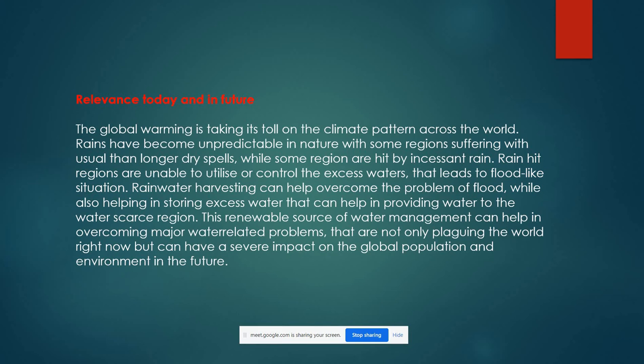Relevance today and in future. Global warming is taking its toll on the climate pattern across the world. Trends have become unpredictable in nature, with some regions suffering longer dry spells, while some regions are hit by increased rain.